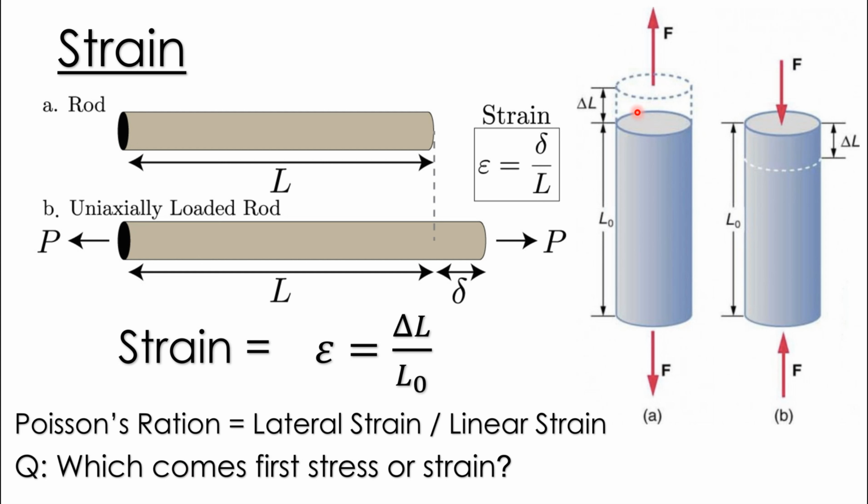As you can see in the picture, when a uniaxial tensile force is applied on both ends of the rod, its length will change from L0 to L0 plus delta L. In this case, the strain is the quantity of deformation occurring in the body of the bar or pipe, which is delta L. To calculate the strain, the change in length divided by the original length L0 is called the strain, and it has no units.